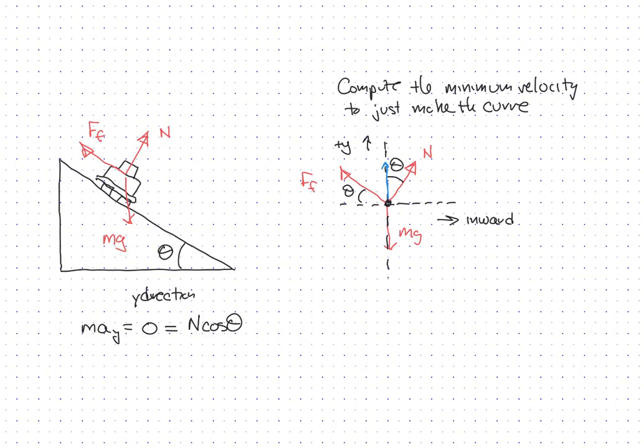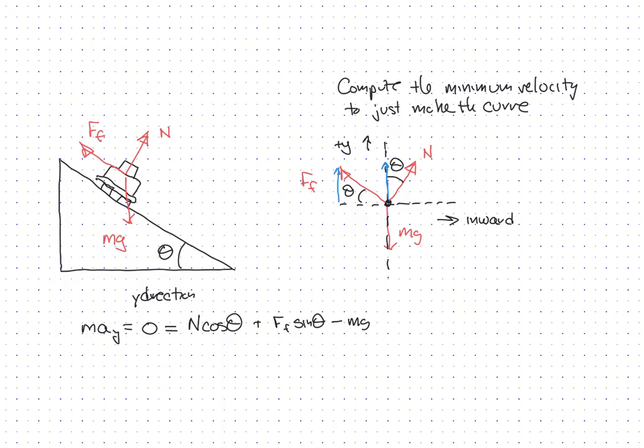And then there's a component of friction, which is upward. So it's plus the force of friction times the sine of theta minus mg. And it's net force 0 in the y direction because the car doesn't slide vertically up or down. It doesn't slide up and down at all on the incline.